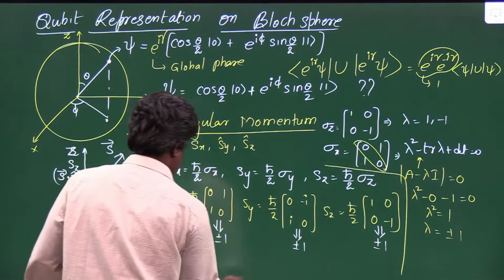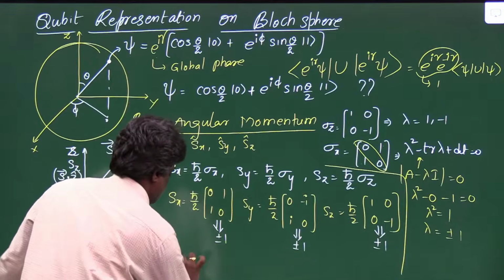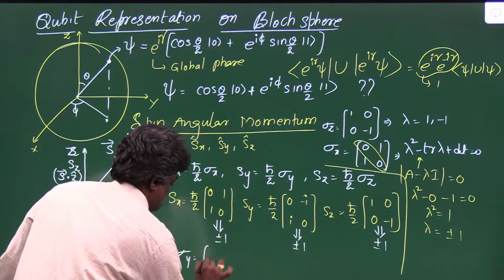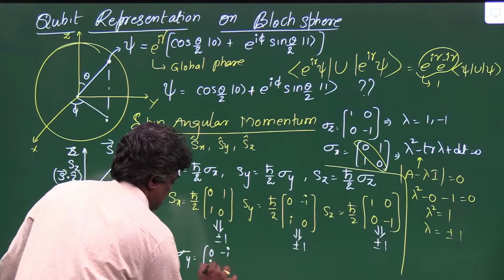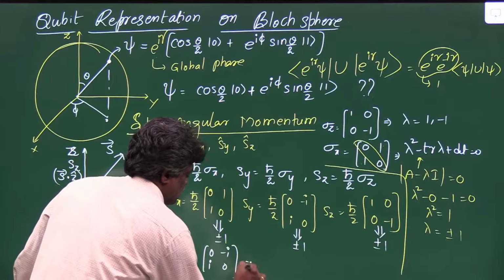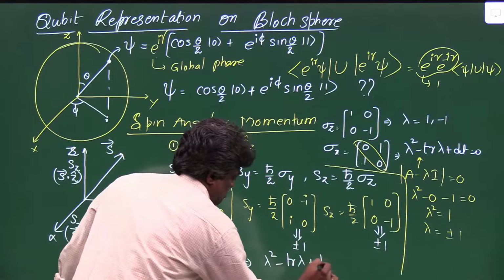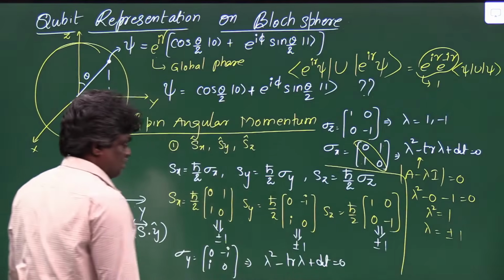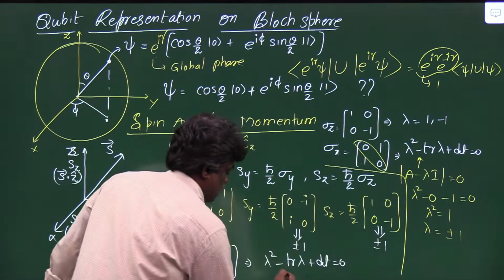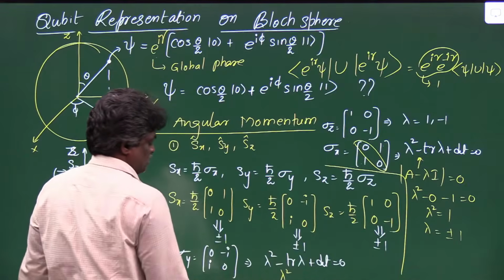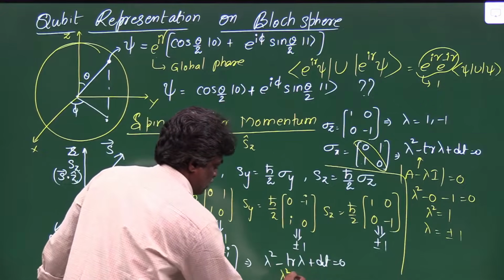Yeah, why not? Sigma y, no problem: 0, minus i, i, 0. Tell me what is the eigenvalue equation? Lambda square minus trace lambda plus determinant equal to 0. What is the trace? 0.